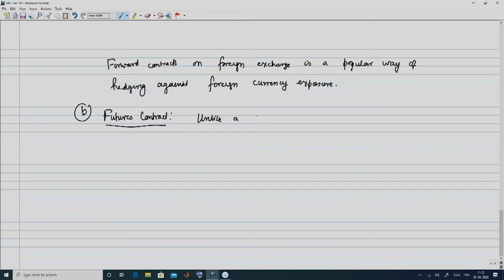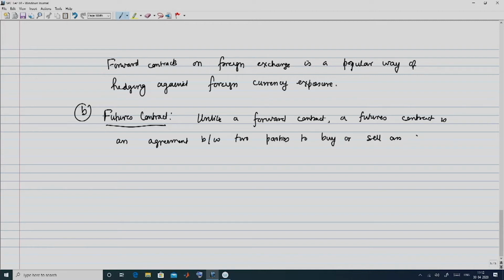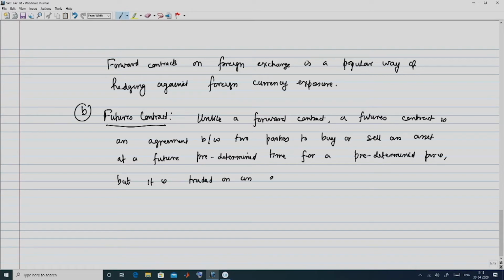So, unlike a forward contract, a futures contract is an agreement between two parties to buy or sell an asset at a future predetermined time for a predetermined price, but it is traded on an exchange.